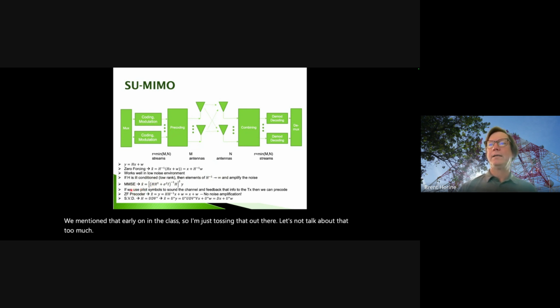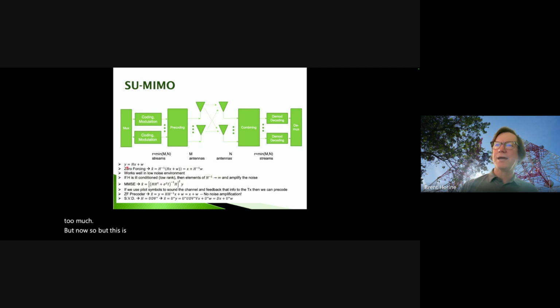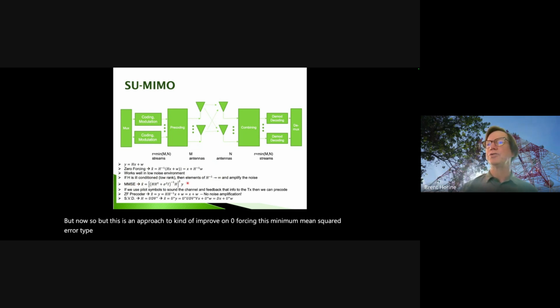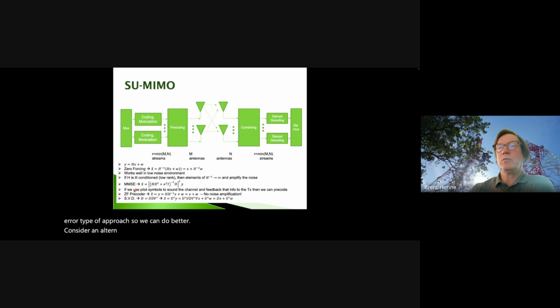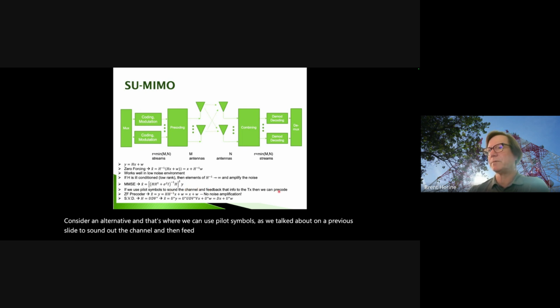But this is an approach to improve on zero forcing, this minimum mean squared error type of approach. So we can do better, but let's consider an alternative, and that's where we can use pilot symbols, as we talked about on the previous slide, to sound out the channel and then feed back that info to the transmitter so we can pre-code it.